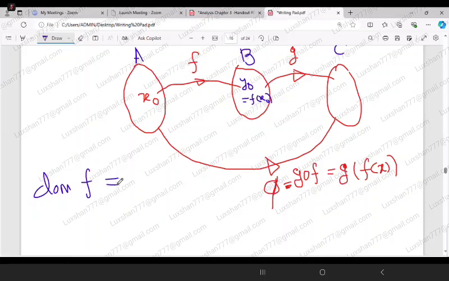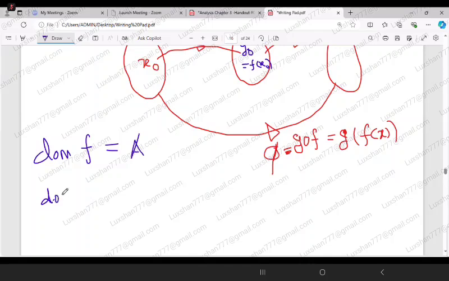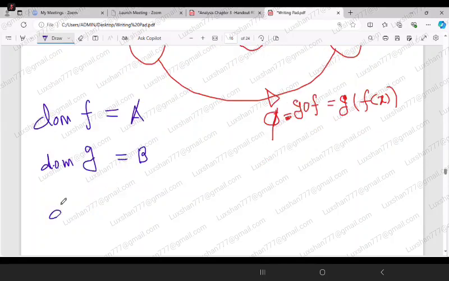The domain of function f is A. The domain of function g, you know, is B. Now what is the domain of function phi? Can anybody tell me what is the domain of function phi? If phi is equal to g circle f, what is that? Yes, the domain of function phi is A.